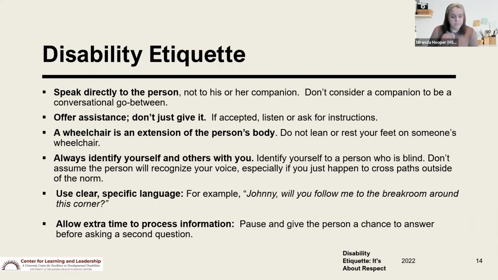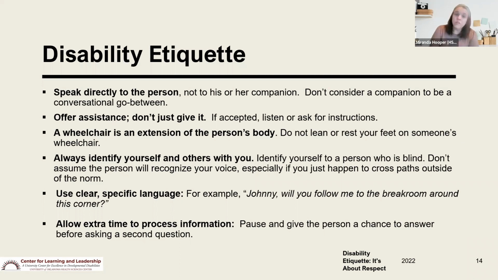I use the example of, if I see Wanda walking down a hallway and I just walked by and grabbed her wrist and started leading her down the hallway, while that might keep her on track and get her there a little faster, that's not very polite of me, because she might have needed to go somewhere else first. So ask somebody, hey, is there anything I can do? Do you need an assist? And they'll tell you yes or no.